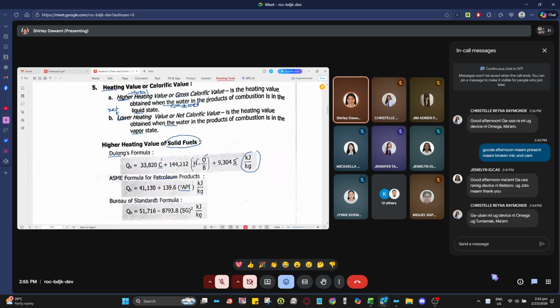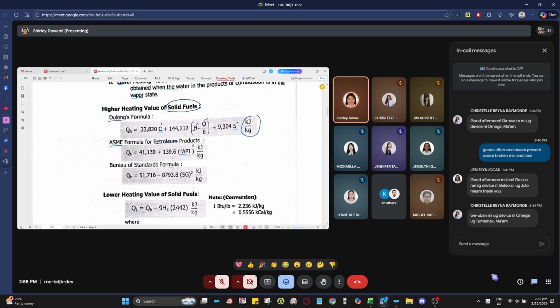Kay degrees API again is for crude oil or mga liquid fuels. Okay, but naglibog ko nga nung under siya sa higher heating values of solid fuels. But anyway, naka-specify man siya diri as formula for petroleum products. Then for Bureau of Standards formula, kung SG lang ang given sa problem, then we can use this one. Okay, so SG squared.